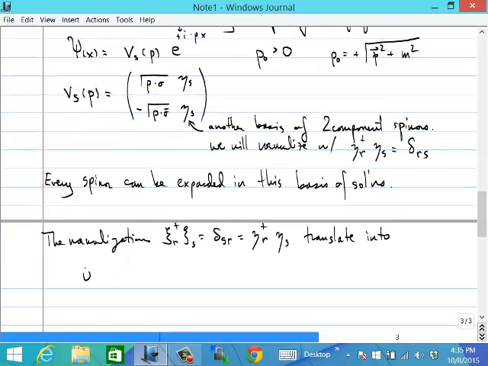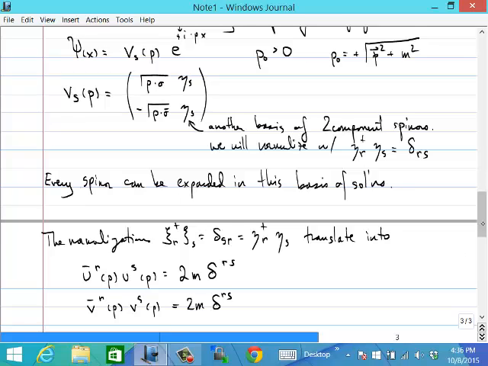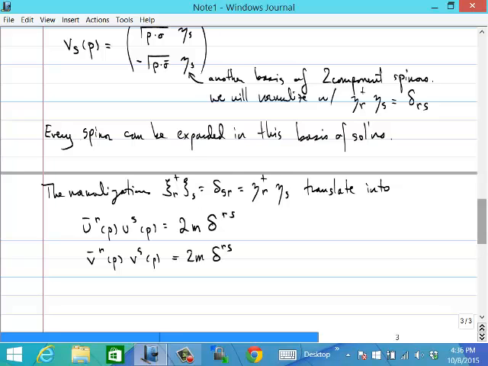In particular, they translate into the condition that u bar times u is either 1 or 0, depending on whether r and s are equal, along with the normalization constant m, which is the square of that square root of m that I introduced earlier. And similarly for the v's, and finally, the u's and v's are mutually orthonormal, in the sense that u bar times v is equal to 0.